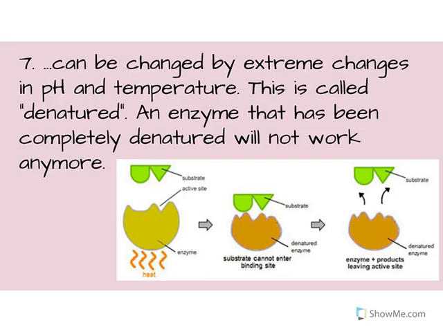Okay. Another property that is important to be aware of in this class is that enzymes can get denatured. We talked previously about how their shape really dictates and defines their job and how efficient they are at their job. There are certain conditions that can denature an enzyme.